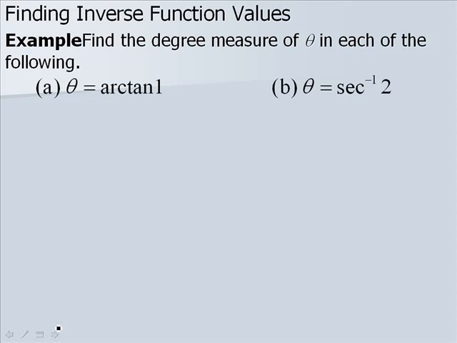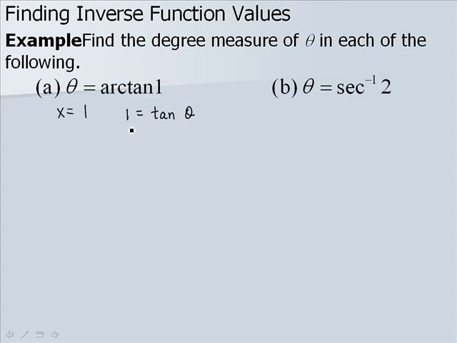Let's do some examples. We want to find the degree measure of theta in each of the following. So in this case we have that x is equal to 1, so we have that 1 is equal to the tangent of theta. We want to find the value of theta that when we take the tangent of it, we get 1. With our arctangent function, we know that theta must be in the interval negative pi over 2 to pi over 2, or negative 90 degrees to 90 degrees.